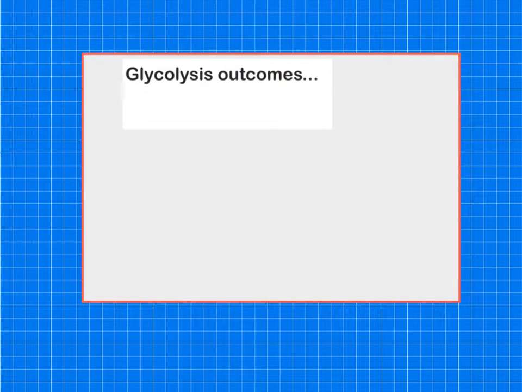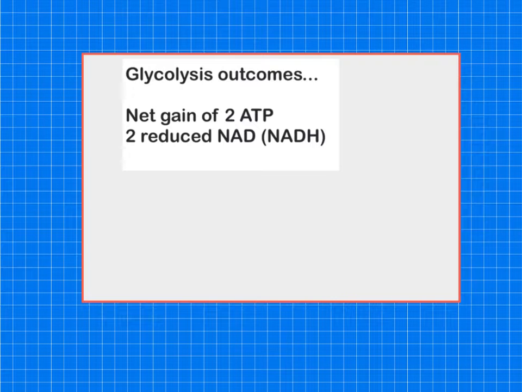So again, just to recap, in glycolysis there is a net gain of 2 ATP, the production of 2 reduced NAD that will go on to the electron transport chain, and finally, at the end of glycolysis, 2 molecules of pyruvate. So from glucose we now have 2 3-carbon pyruvates ready to go into the next stage, which is the link reaction.